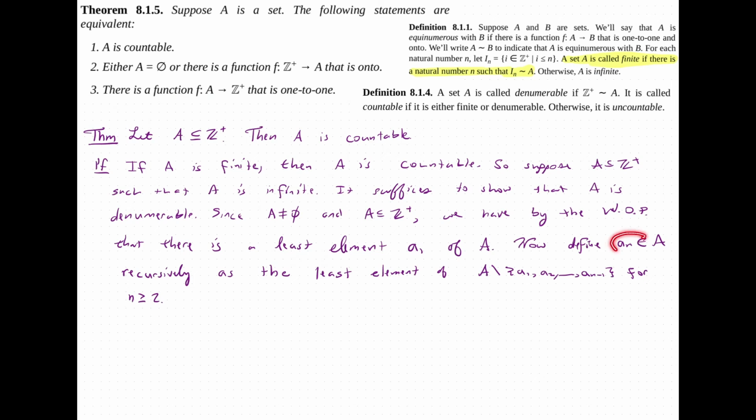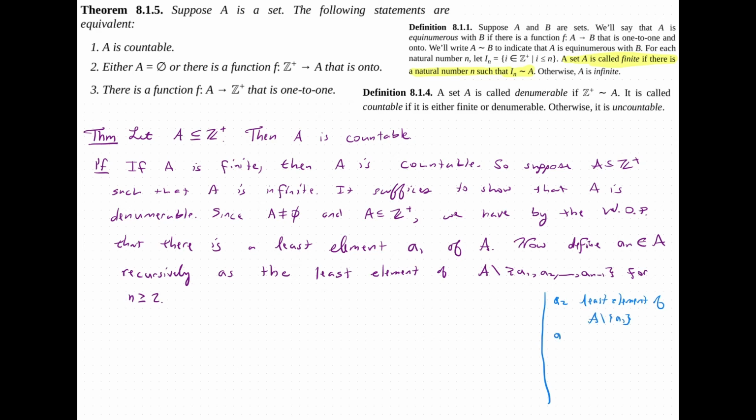Well, a sub 2 is defined as the least element of A minus {a1}, because if we plug in 2, we have 2 minus 1, so just 1. So a sub 2 is the least element of A minus {a1}.